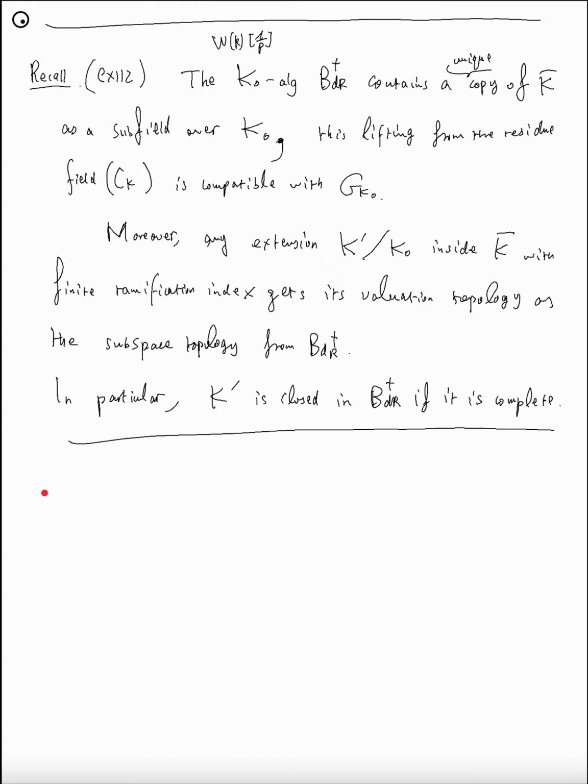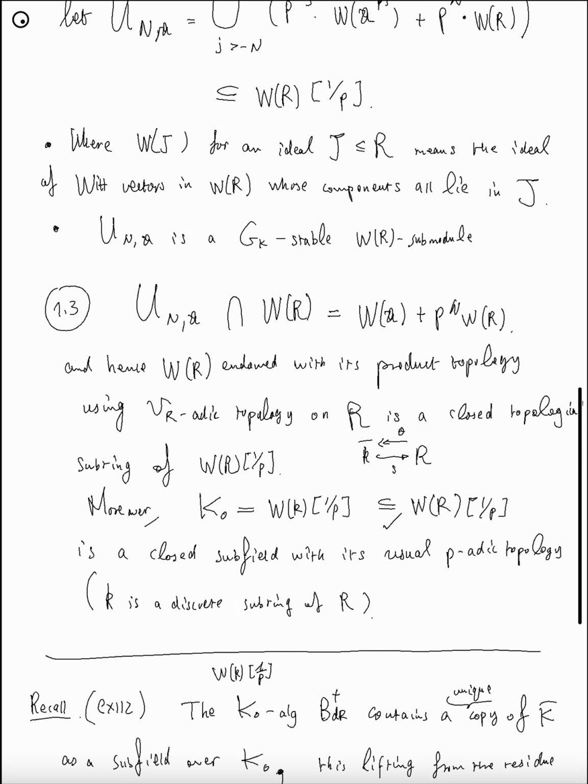And so the proof of the second part involves the fact we just proved. Actually, this K0 is a closed subfield with its p-adic topology.